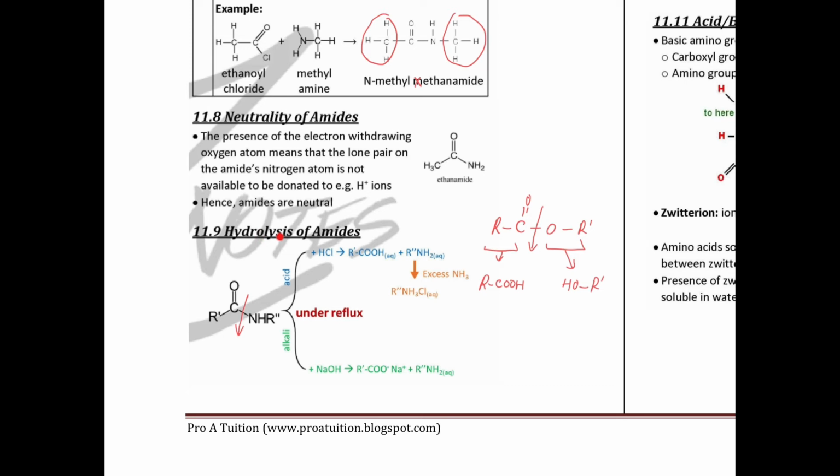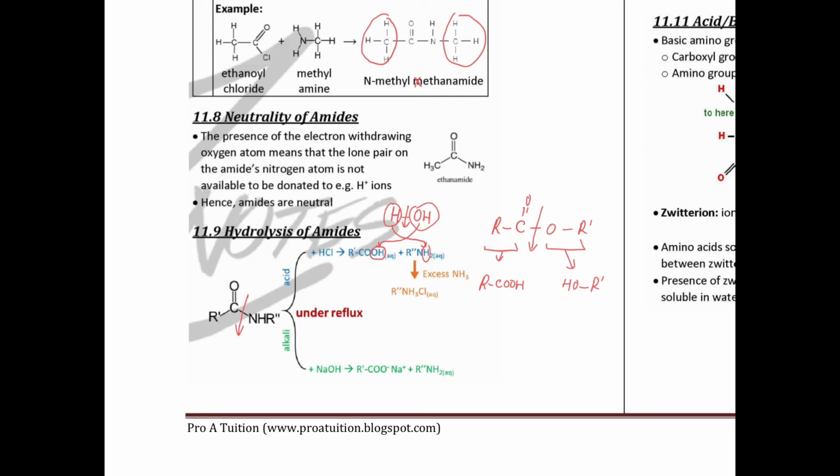Hydrolysis means it involves the breakdown of H2O. So imagine H2O, I draw it like this purposely. Water breaks down, and the OH will come to stick with the C double bond O to form carboxylic acid, and the H will stick with the other side there.